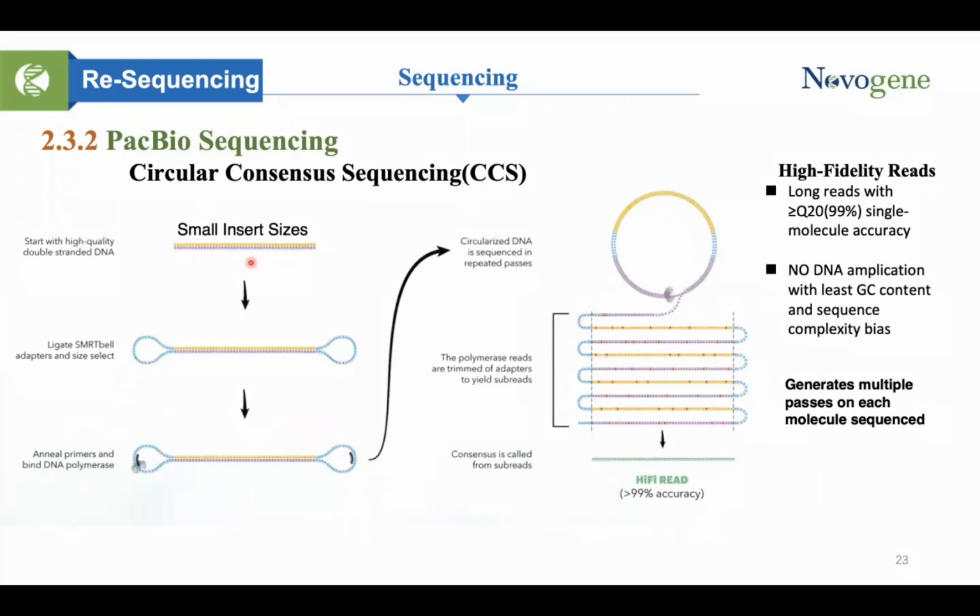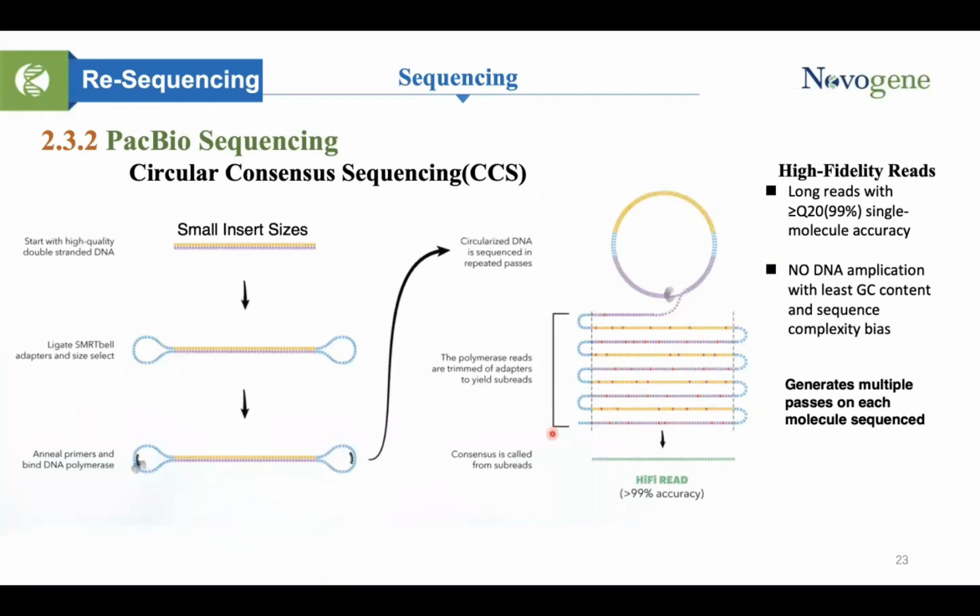Alternatively, it can also proceed to circular consensus sequencing, abbreviated CCS. At another extreme, for the smaller insert size, the library allows multiple reads to be generated on each molecule.